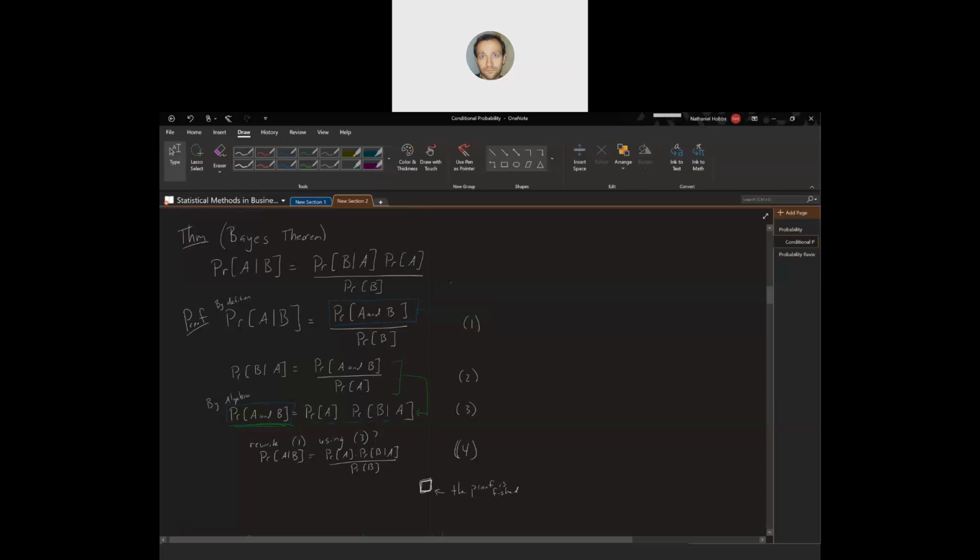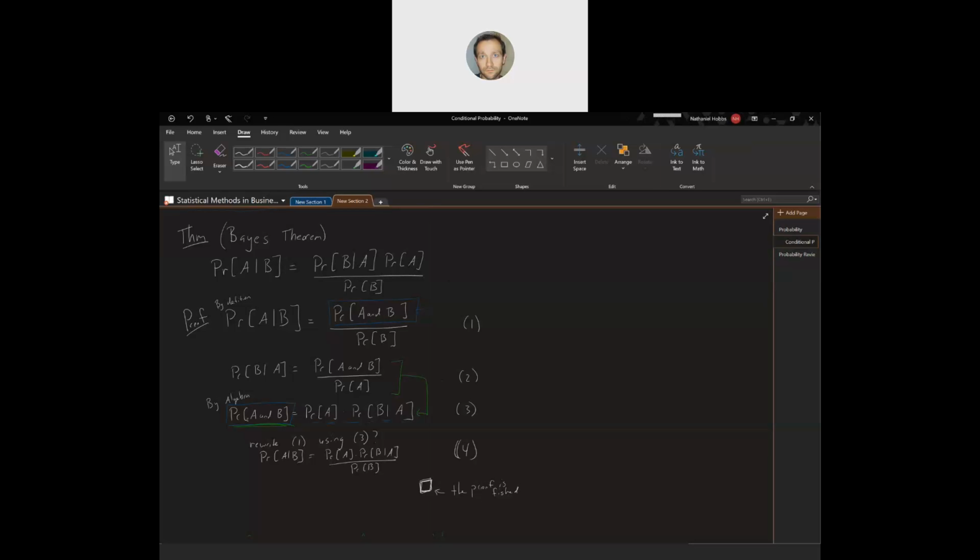Basically, you move the probability of A to the left-hand side, and then you have the probability of A times the probability of B given A, that this is equivalent to the probability of A and B. So in words, the probability of A and B is the same as the probability of A happening times the probability of B happening, given that you know that A happened.